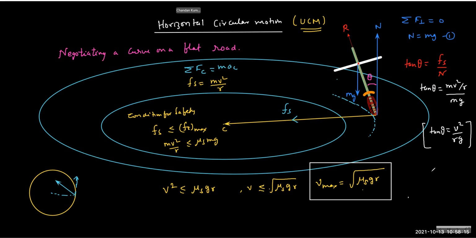Okay, so these are the questions that generally we come across in horizontal circular motion, and we can see that friction is putting a limitation on the maximum speed at which I can make the negotiation safely. But we are human and we are ambitious, so we will not stop here.